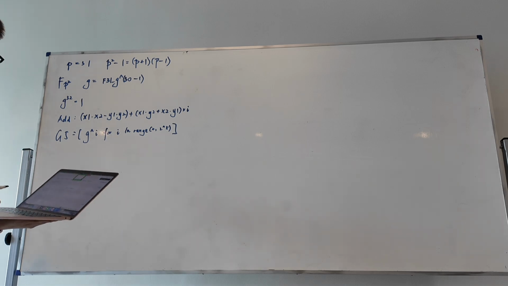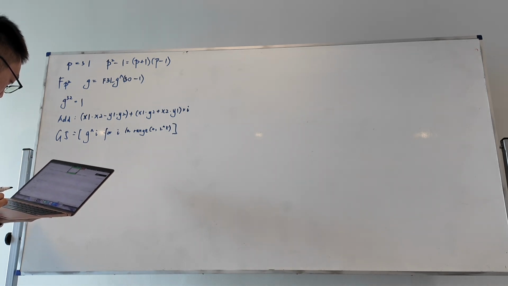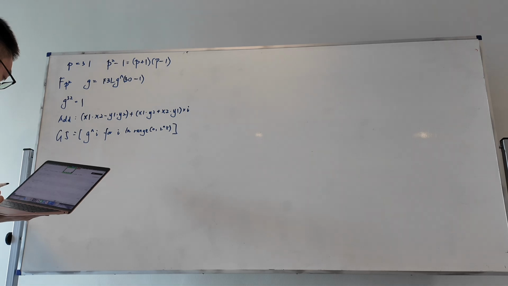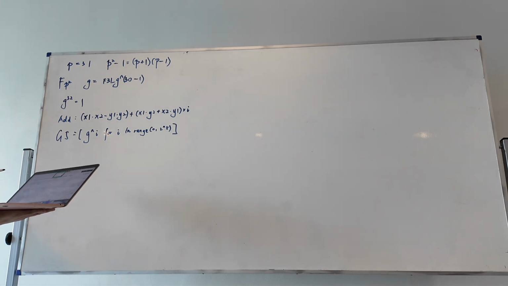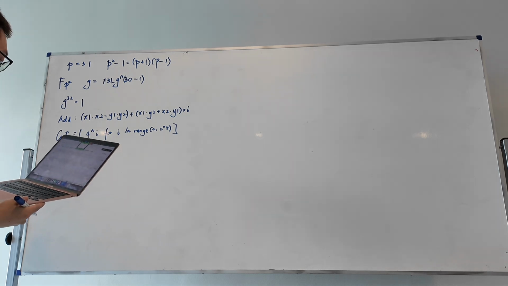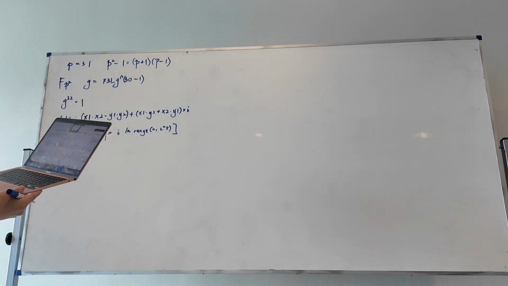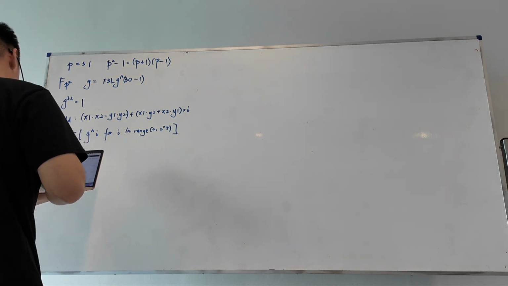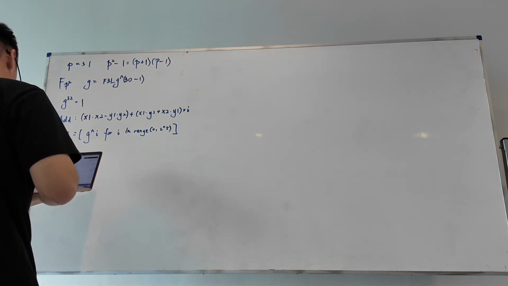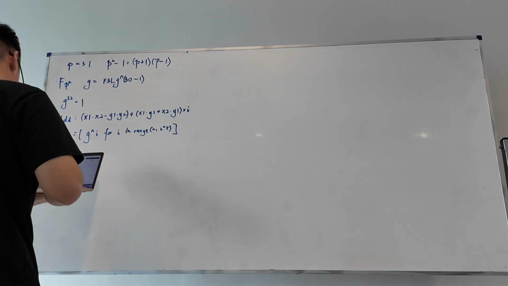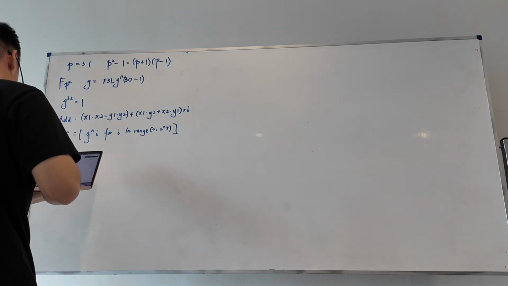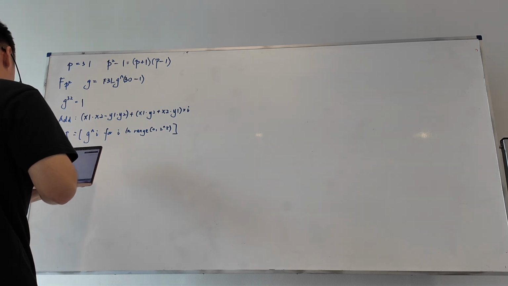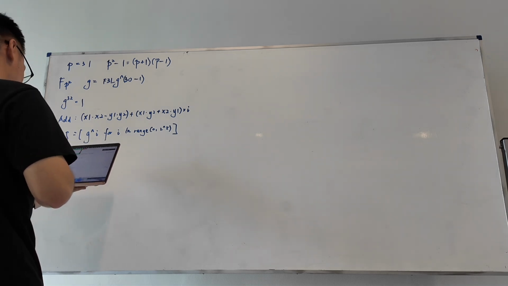And we can check that 1 in G5 multiplied by 1 in G5 equals 2 in G5. I think we can skip this part.